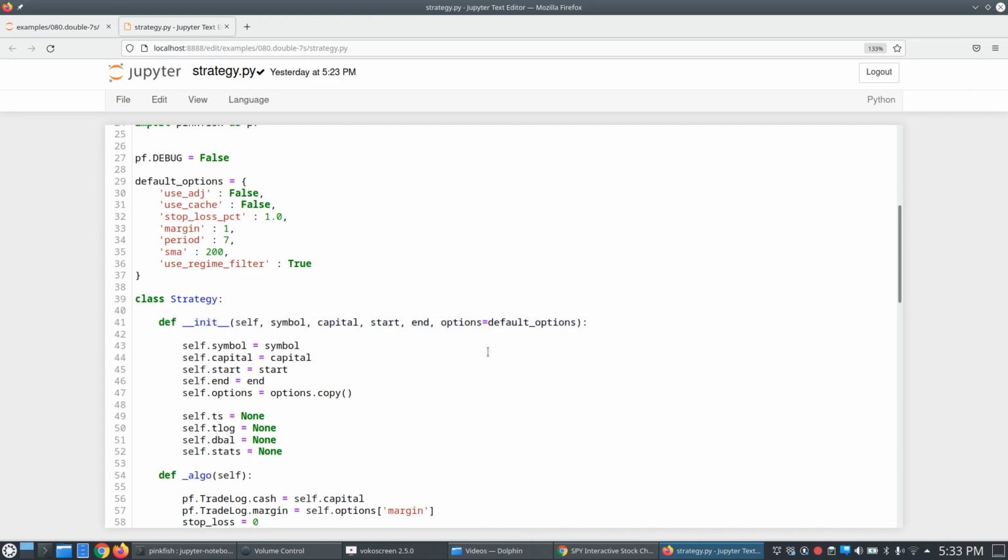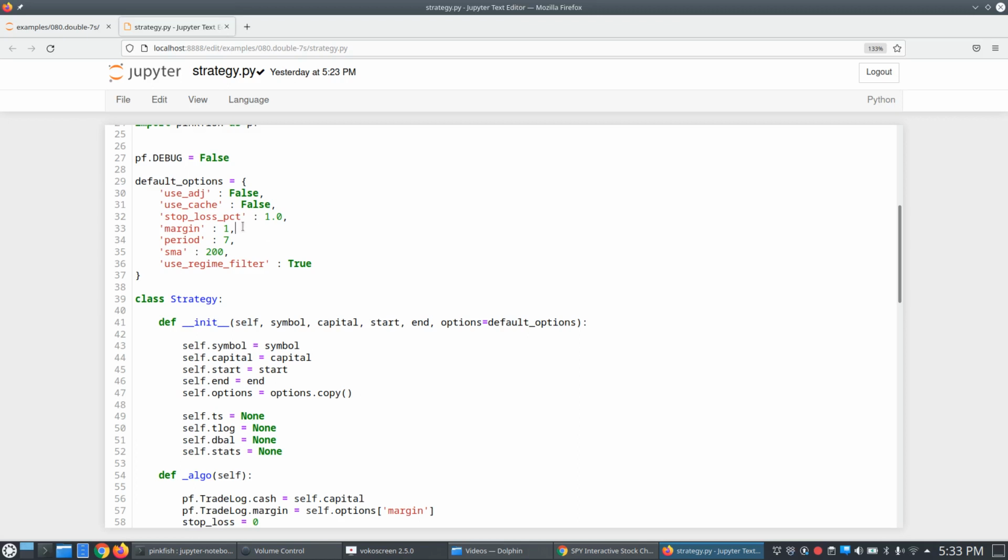Okay, the default for that are these. These are the default options, and these are chosen to, I would say, the opposite of an optimization. These are kind of like the vanilla values that you would choose.